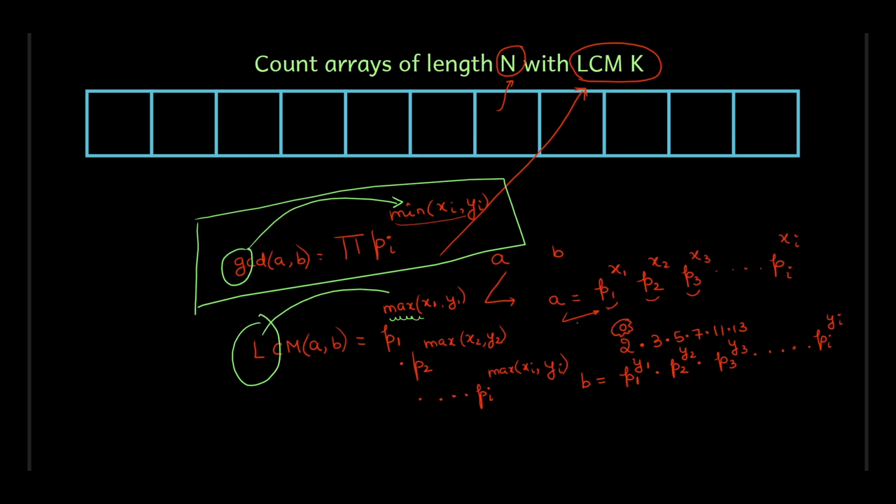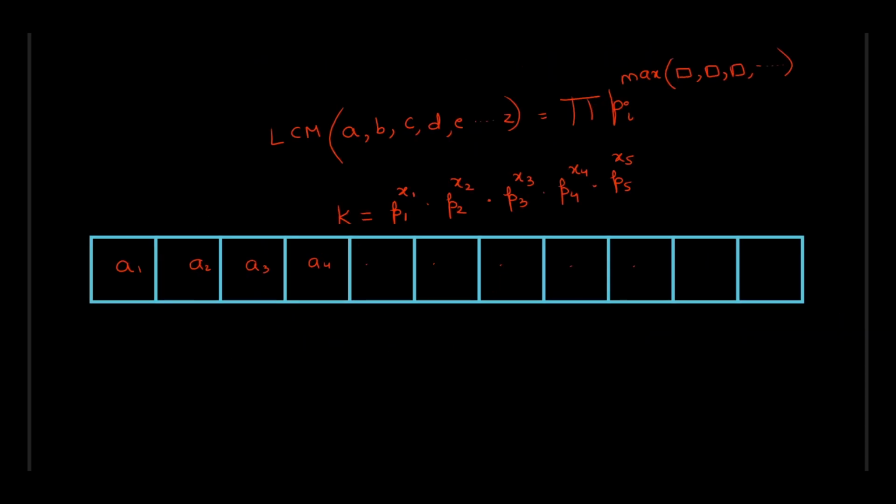So this actually helps us simplify some problems a lot. So here you can see that a1 will definitely contain all these pi's for sure, because even if it does not contain, its power can be interpreted as 0.